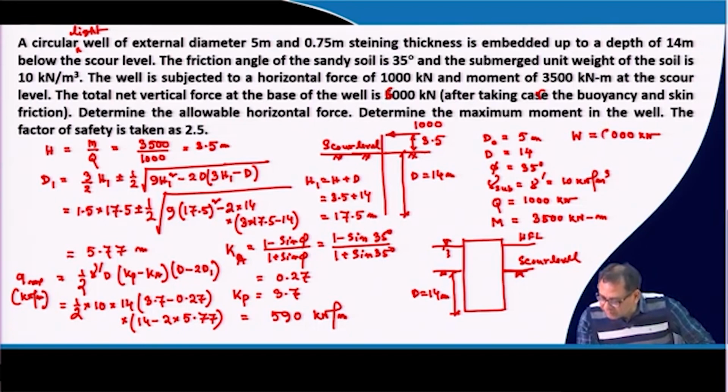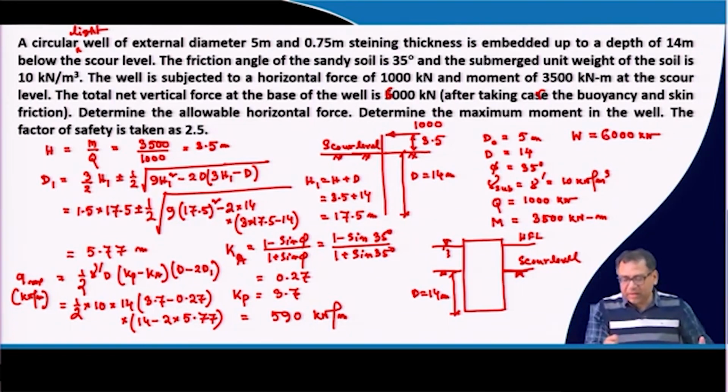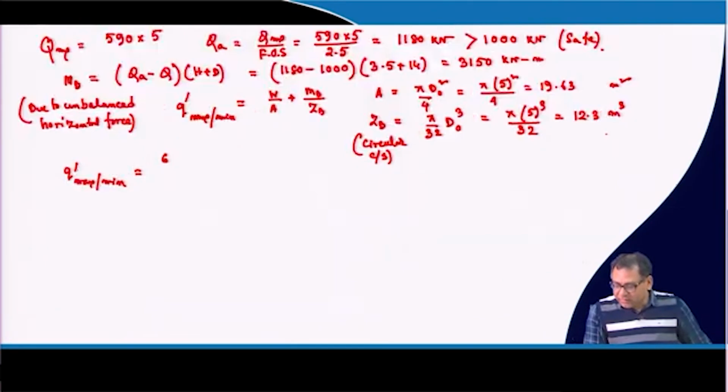If it is 5000, you can use 5000 and you will get a different value, but in my calculation I have considered 6000.